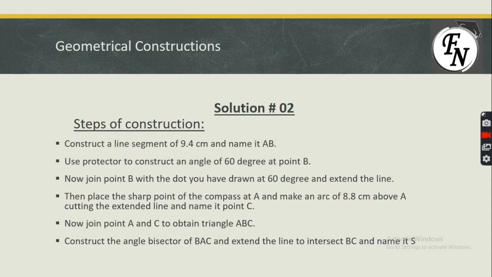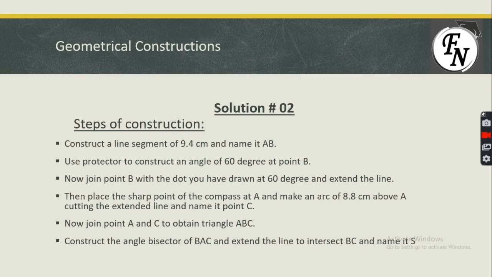After that we will extend that line from B through the 60 degree mark, and then put the compass at point A and make an arc of 8.8 centimeter, cutting that extended line. Then we will join A and C.